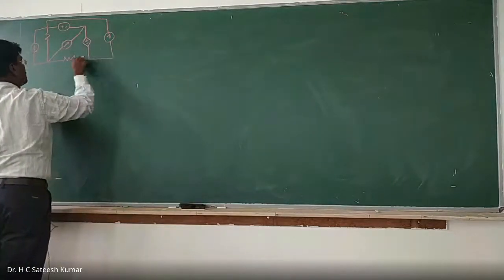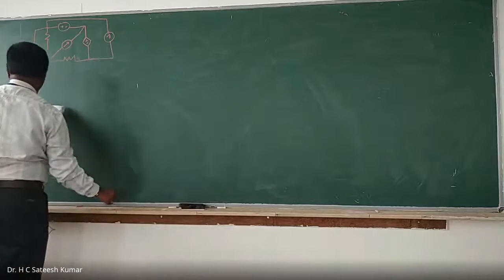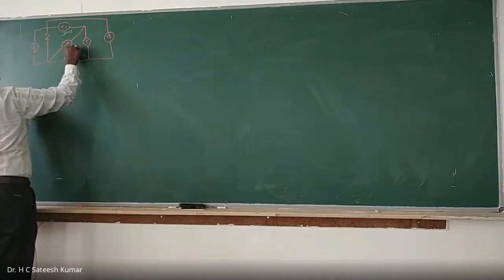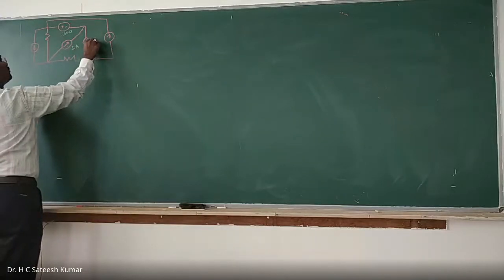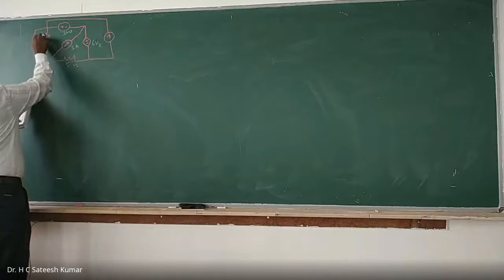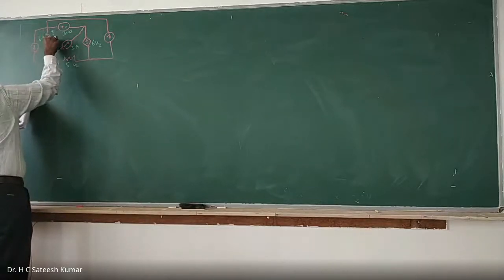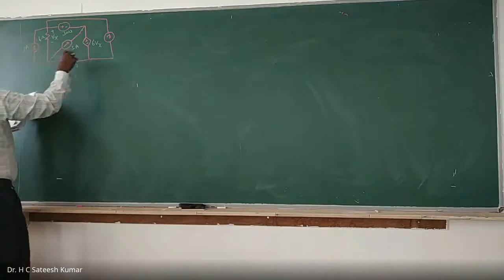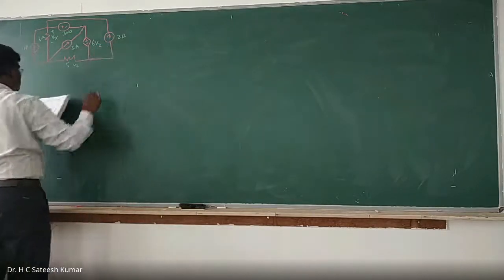This is 30 volts, 3 amps, 6 Vx, 5 ohms, 4 ohms, plus minus Vx, 1 amp, 2 amps. Another question.